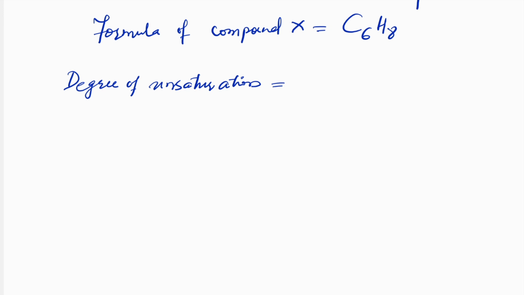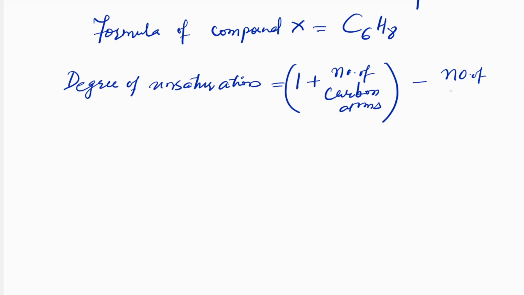To calculate the degree of unsaturation, we have a very quick formula, that is 1 plus number of carbon atoms minus number of hydrogen atoms divided by 2.